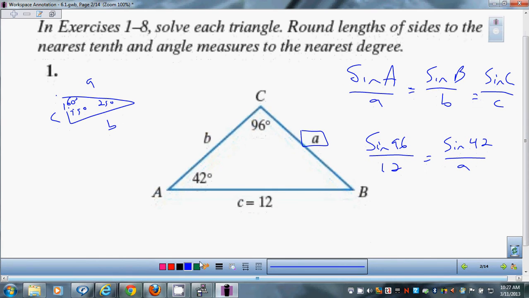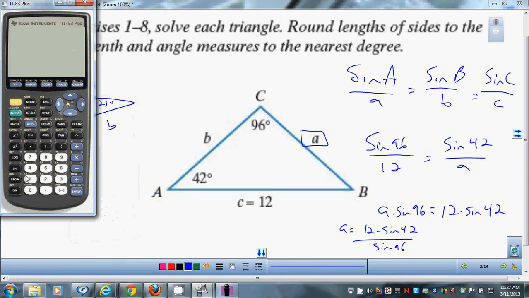Who remembers how to solve proportions? Good. Cross multiply. A times sine of 96 equals 12 times sine of 42. Now remember, sine of a number is just a number, so you can divide by sine of 96. And then you can punch that whole thing into the calculator.